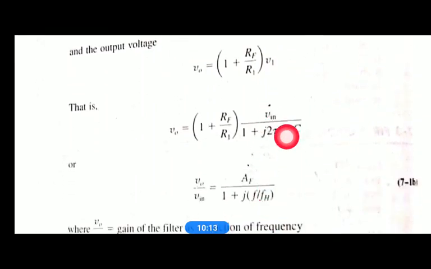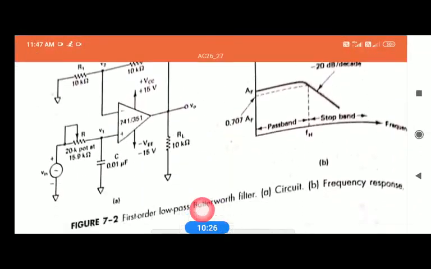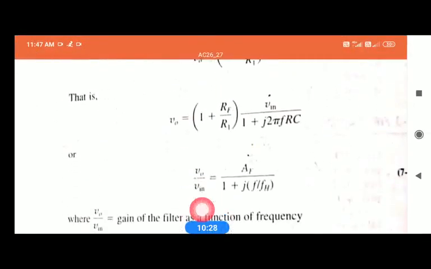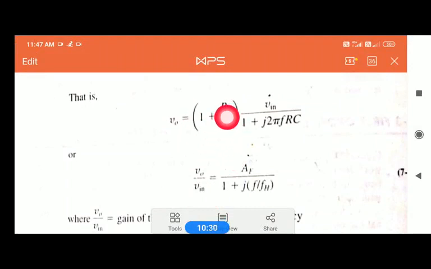Taking Vin to this side, Vo by Vin is the gain for this circuit, where 1 plus Rf by R1 is the gain of a non-inverting amplifier, hence the total gain for the circuit.